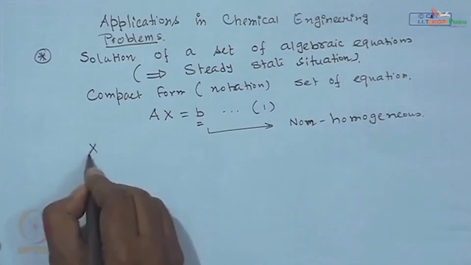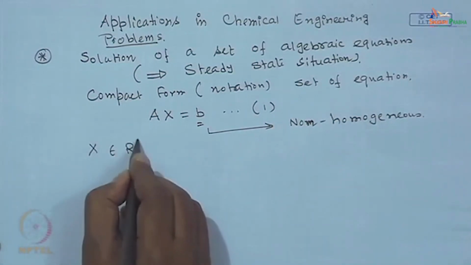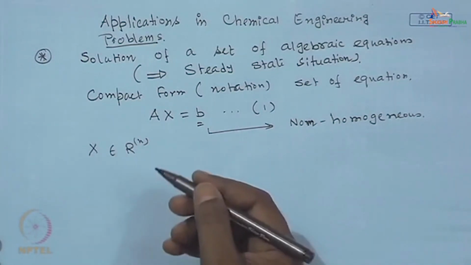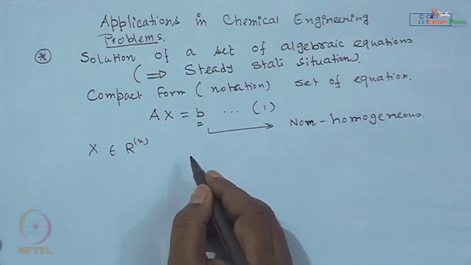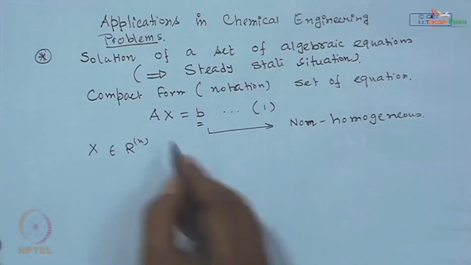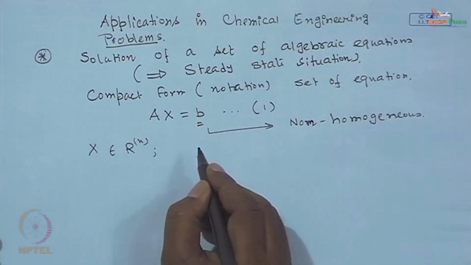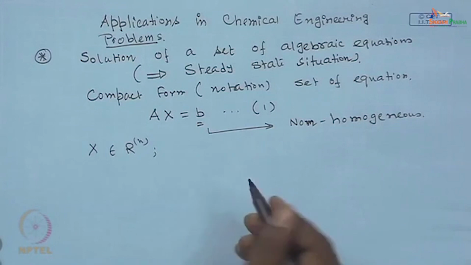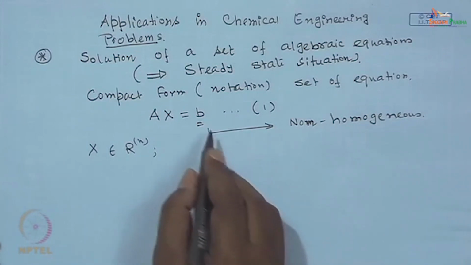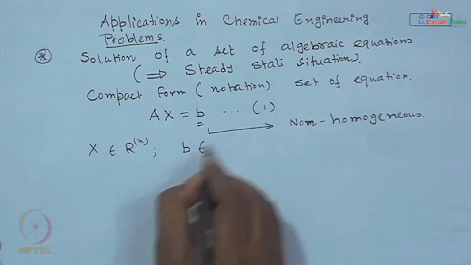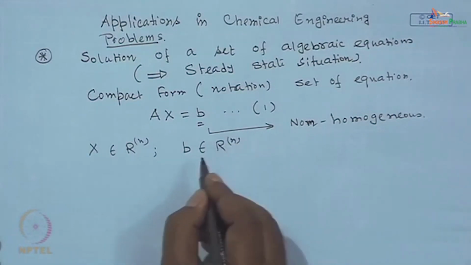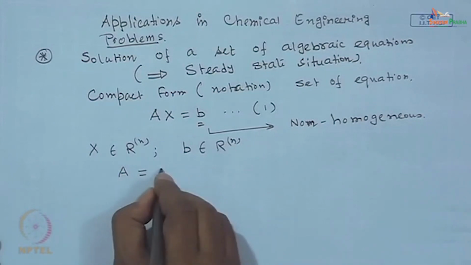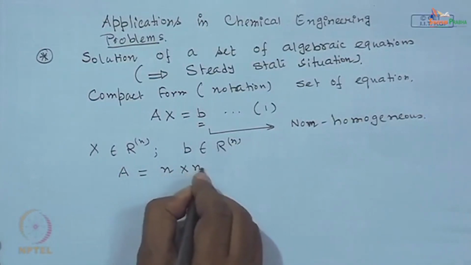Now, the vector x belongs to n dimensional real space. We formulate the whole problem in a more generalized fashion, so that it can be reduced to solution of any finite dimensional problem, maybe 3 dimensional problem, maybe 10 dimensional problem. And similarly, the vector b belongs to n dimensional real space, where the matrix A is having a size n into n.